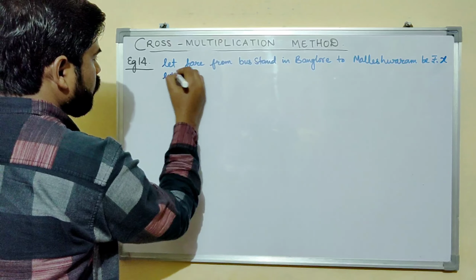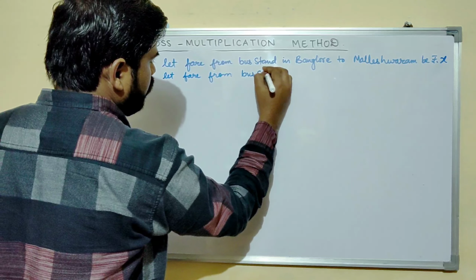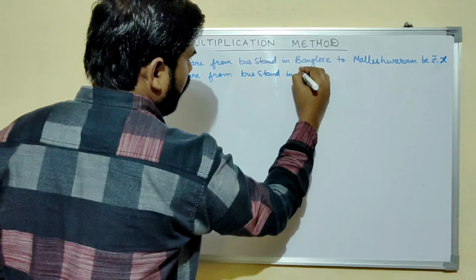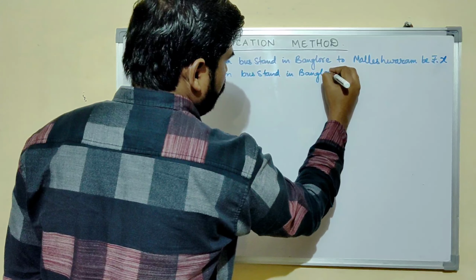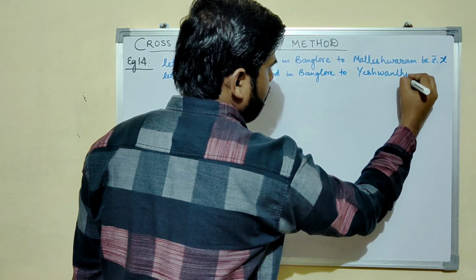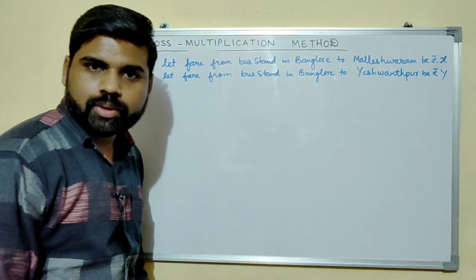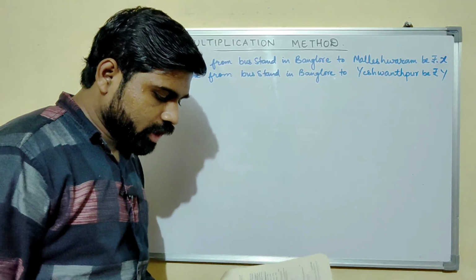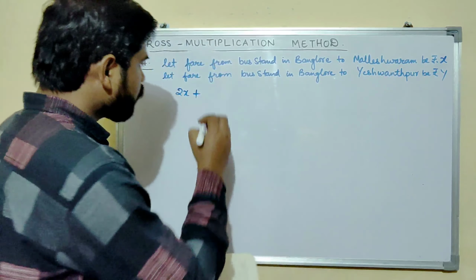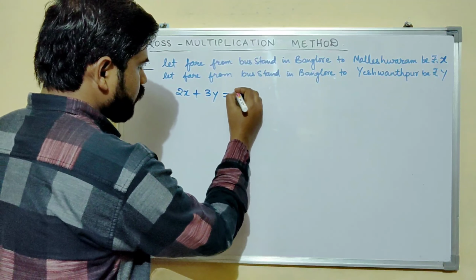Similarly, let the fare from the bus stand in Bangalore to Yeshwantpur be rupees y. Now read the question. They are saying that if we buy 2 tickets to Malleshwaram, that means 2 into x, and 3 tickets to Yeshwantpur, it costs rupees 46.